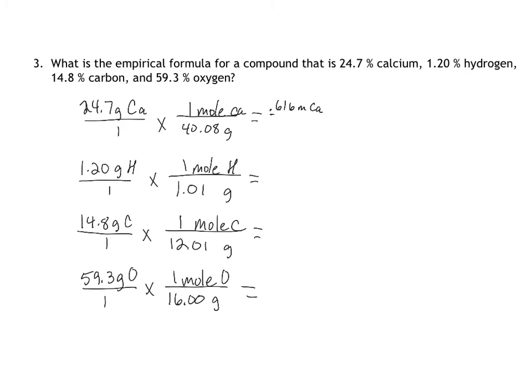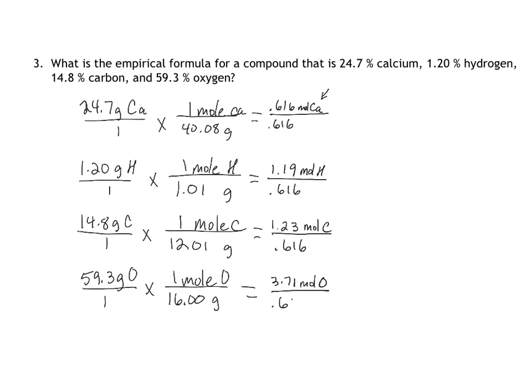Remember, I'm writing this up high because I'm going to be dividing it by the smallest number once I get them. So now I've gone ahead and divided these out. And now I'm going to look to see which one is the smallest. Well, here's 0.6 moles. Seems to be my smallest number. So I'm going to divide each of these by 0.616. And then I'll put it through my calculator and see what I have.